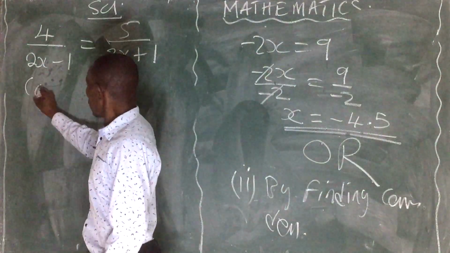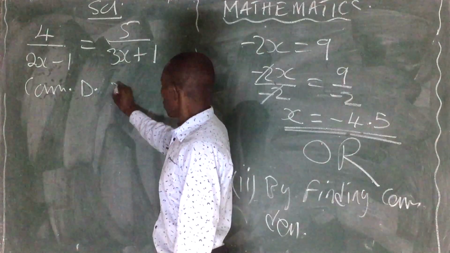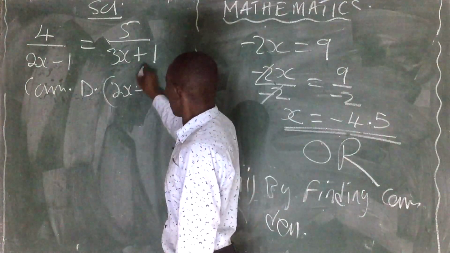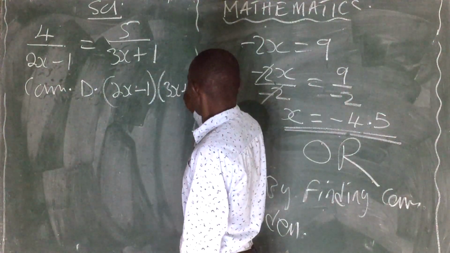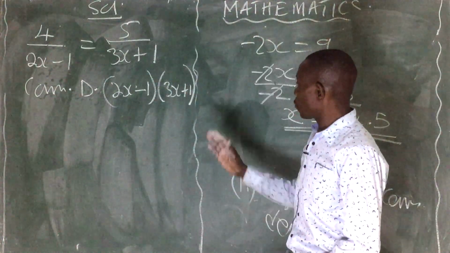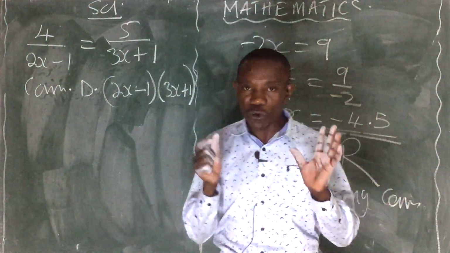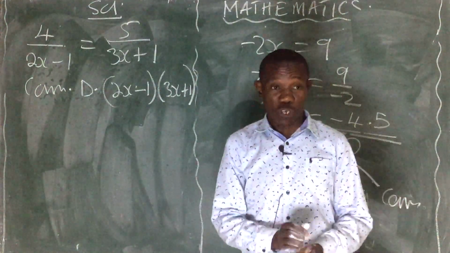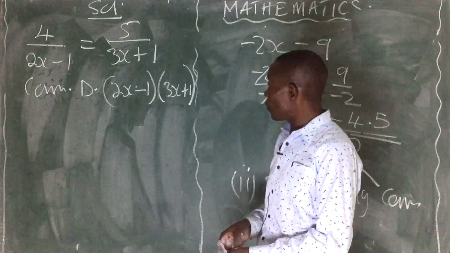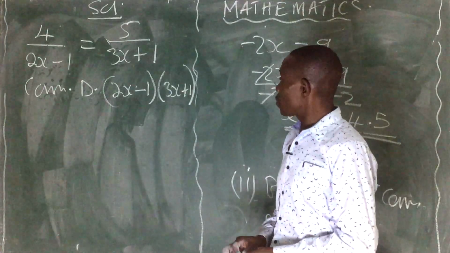So here I have the common denominator. In this case, it should be 2x minus 1 times 3x plus 1. That's the common denominator. Now what are we going to do with that? This common denominator has to be multiplied by all terms found in the equation. In this case, our equation has only 2 terms, which are fractions.